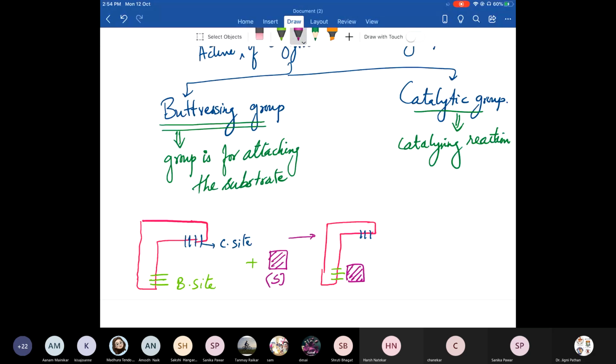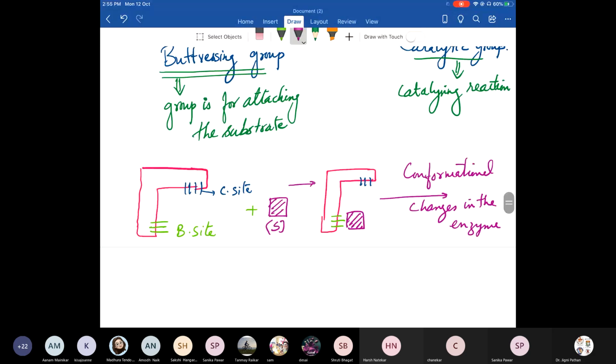Then there are conformational changes in the enzyme. The conformational changes in the enzyme are in such a way that the catalytic site and the substrate will come closer. Something like this.